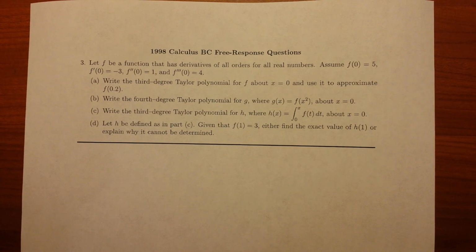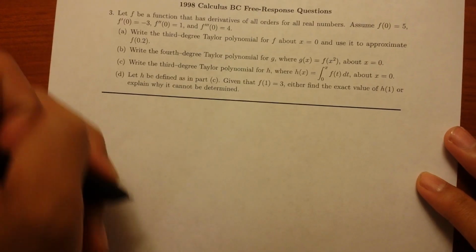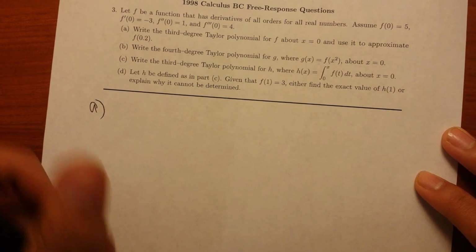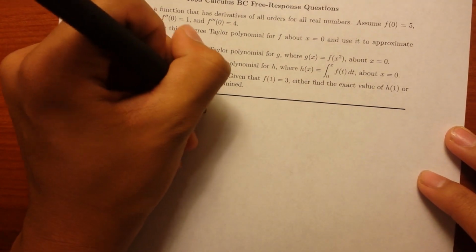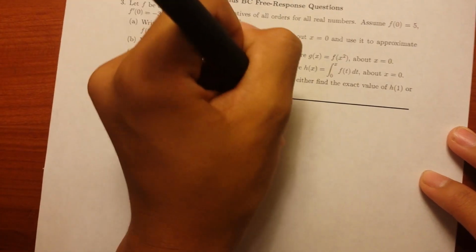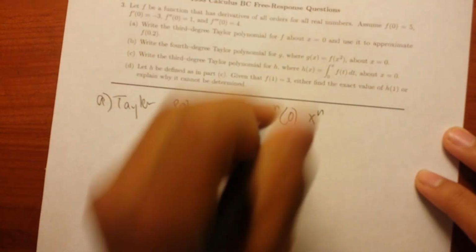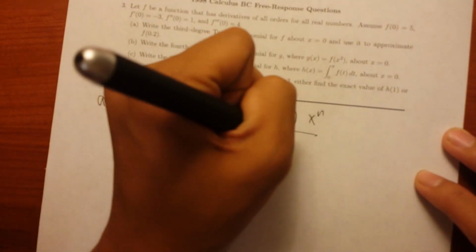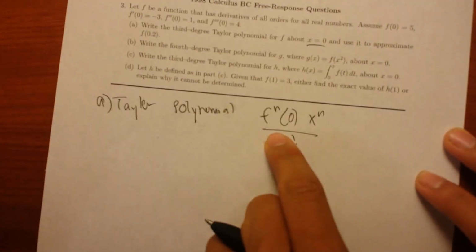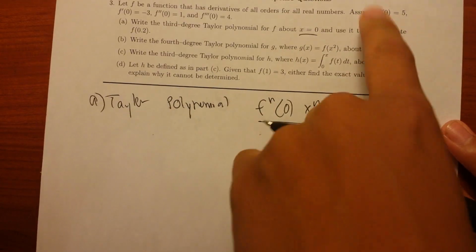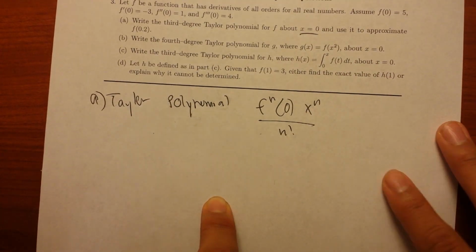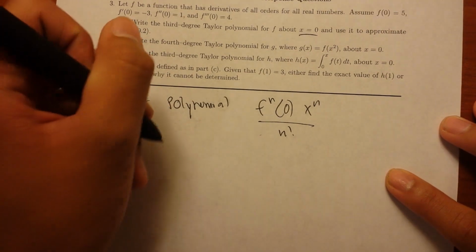Now, to do this question, we have to know the general form of a Taylor polynomial. The general form is the nth derivative times x to the n over n factorial. And in this case, it's about x equals 0, so it's the nth derivative at 0. So we have all the information we need, so we can just write out what the Taylor polynomial would be.